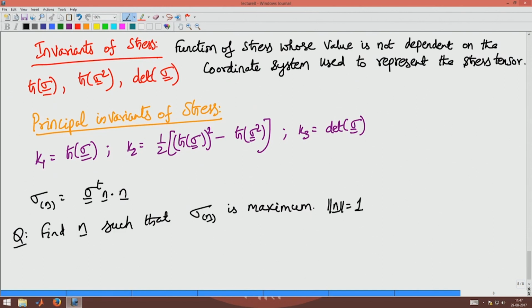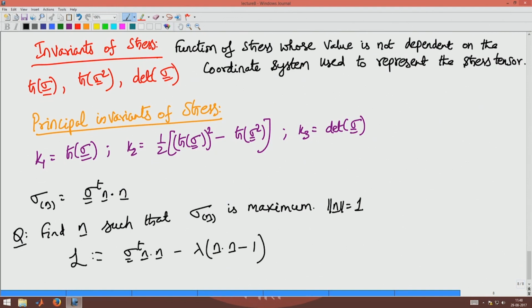So, what does this mean? The tensor sigma is given, you have to find the 3 components n1, n2, n3 of n such that this quantity, sigma n dotted with n, is maximized. Since you have a constraint that the magnitude of n has to be 1, you do a constrained optimization. You define an auxiliary function L such that it is sigma transpose n dotted with n minus lambda times n dotted with n minus 1. This is a function of lambda and n.